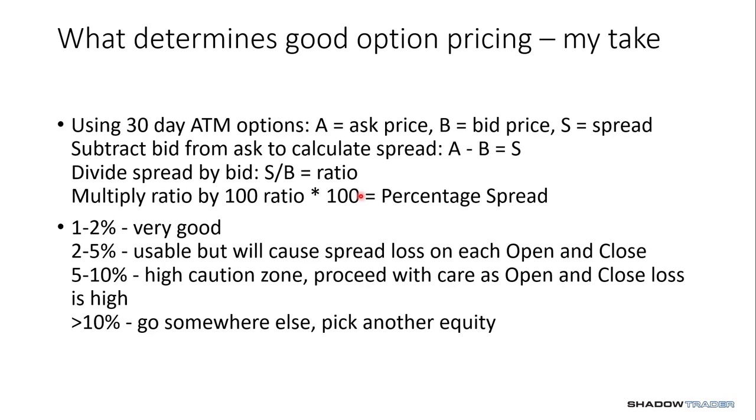Proceed with care. Make sure that you have good expectations for where your underlying could go to make your spread or your option worthwhile. If it's greater than 10% on the bid-ask spread, my suggestion, look for another equity to use. It's not worth using that equity.